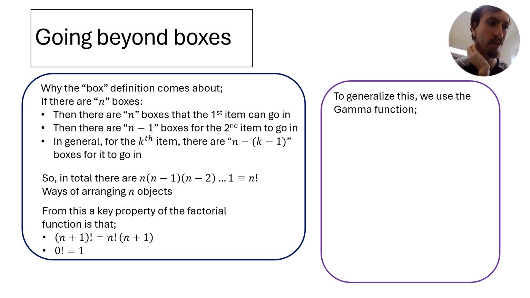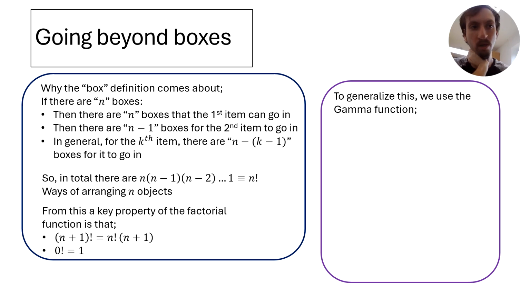Slight tongue twister there. Well, we want a function which, importantly for any integer n, gives the same result as n factorial. We also want that for any n, whether n is an integer or not, n plus 1 factorial equals n factorial times n plus 1.